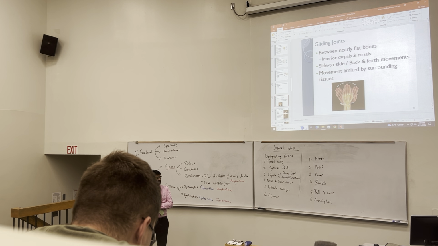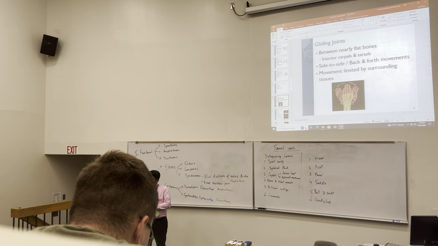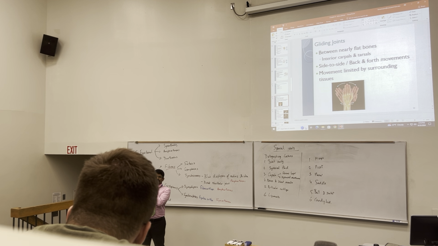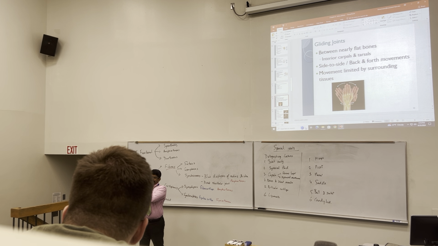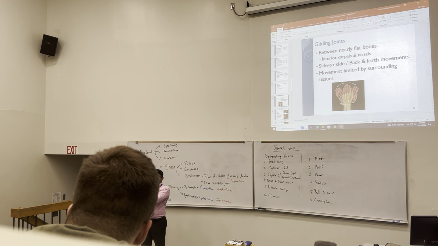Good. Planar joints. Between carpal and tarsal bones is a planar joint. Even between the clavicle and the scapula. What two landmarks meet together?